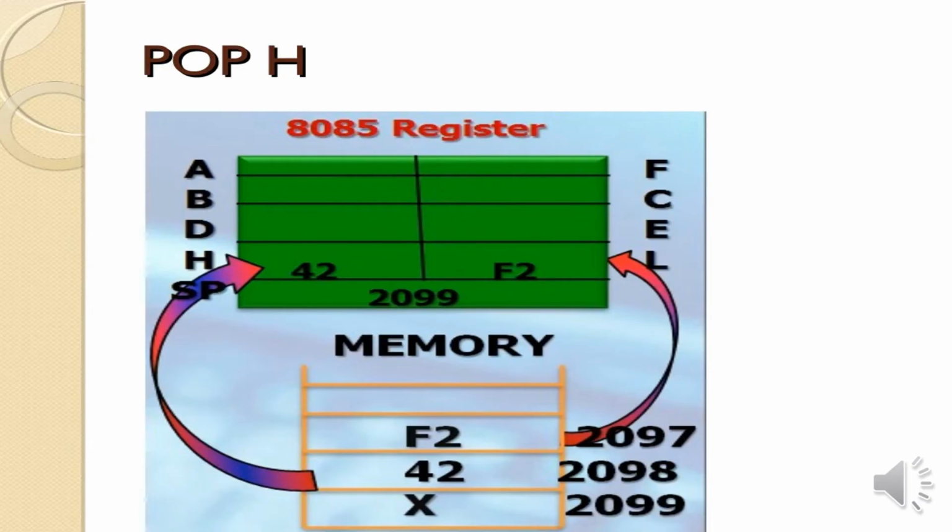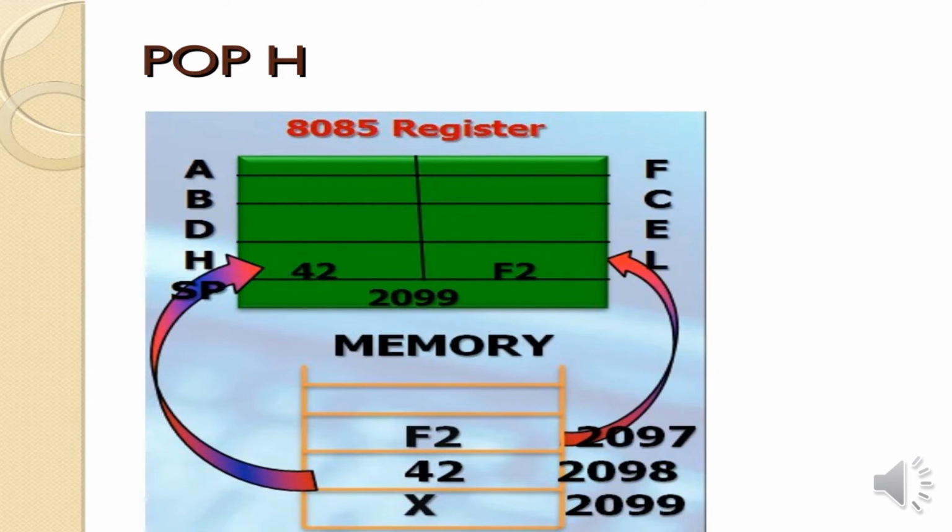Example, POP H. With PUSH H, the register content is copied into the stack memory location. With the pop instruction, the stack memory location data is copied into the 8085 register, most commonly a register.